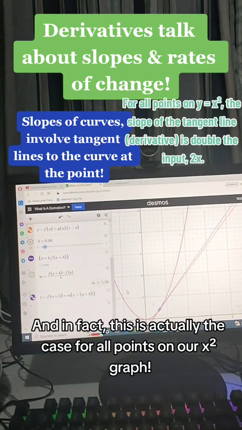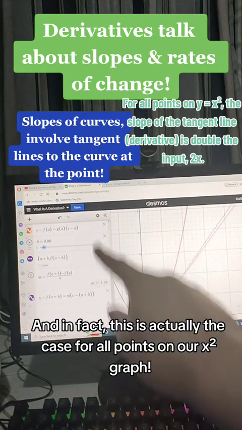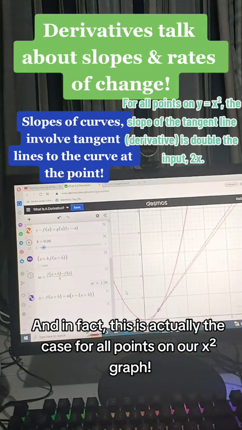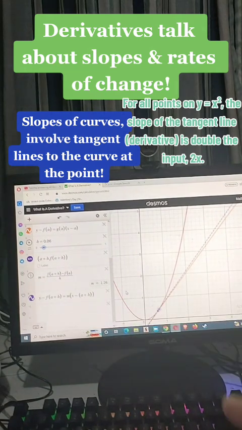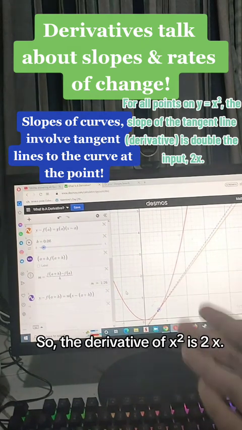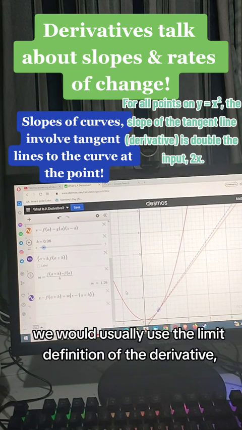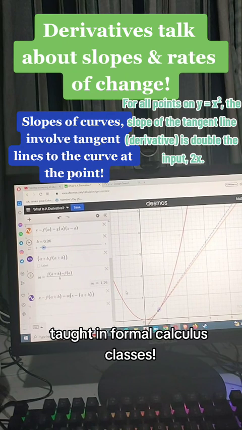And in fact, this is the case for all points on our x squared graph. And so, the derivative of x squared is 2x. To make this concept more formal, we would usually use the limit definition of the derivative taught in calculus classes.